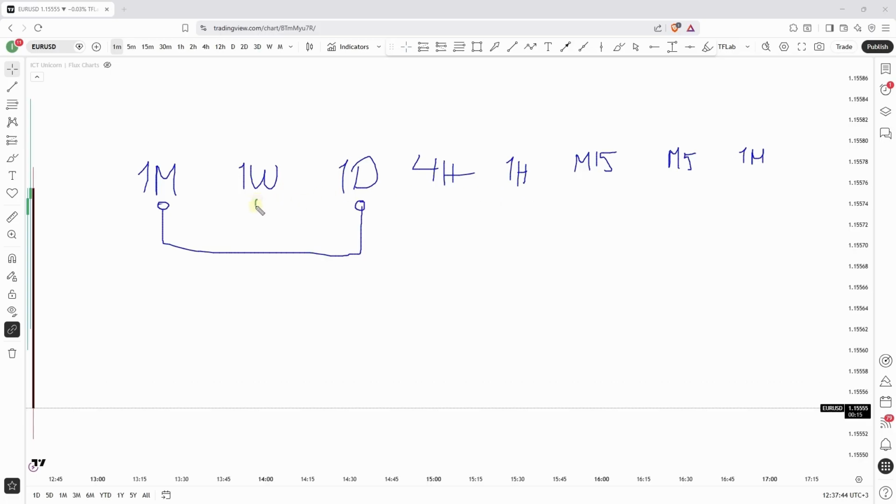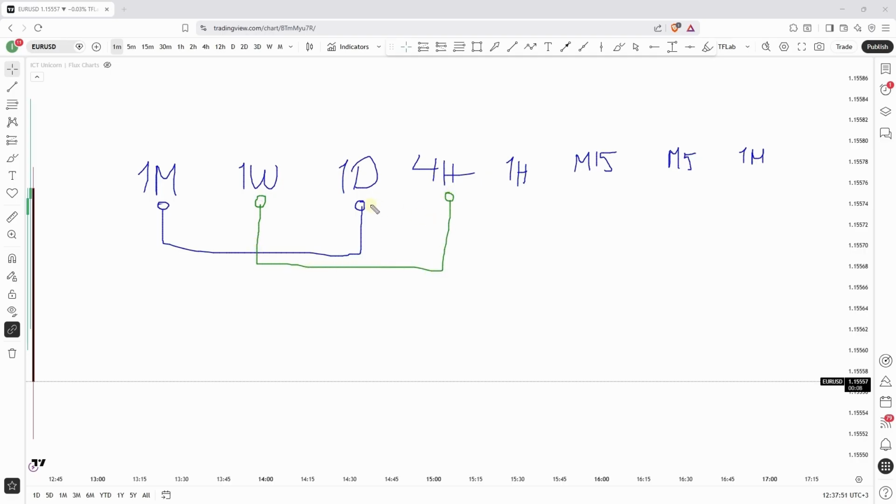Okay, if I am trading on the weekly time frame, meaning I am analyzing the weekly chart, the next time frame would be the 4-hour chart. If I want to confirm it, actually the confirmation time frame would be the 1-hour chart. Daily means in the context I am also looking at the monthly charts. The daily bias is also determined, and by matching it with the daily bias, I can confirm its direction on the 1-hour chart.